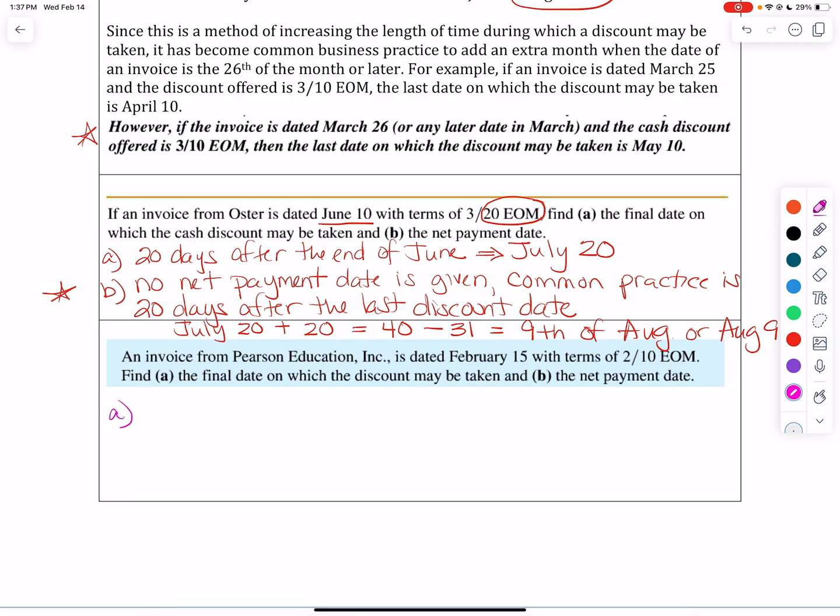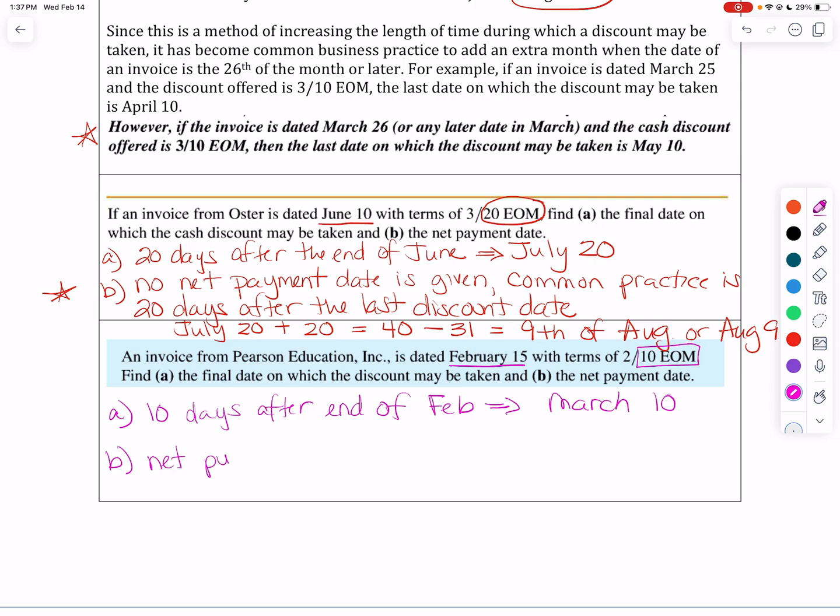We have an invoice dated February 15th with terms of 10 days after the end of the month in February. So 10 days after the end of February would be March 10th. And then we don't have a net payment listed again.